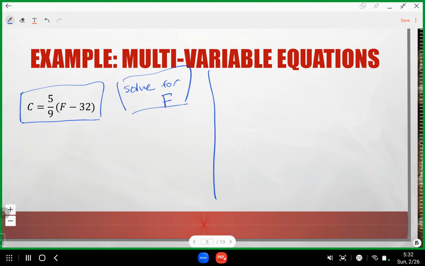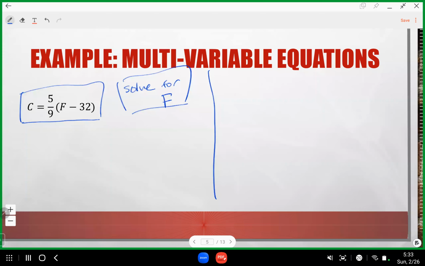So you don't need to solve for c because it's already solved. So what does it mean to solve for f? That means to isolate f on one side and everything else on the other. And that's exactly what we've done with c already, right? Because we've already solved for c, because only c is on one side and everything else, f and numbers, are on the other side.